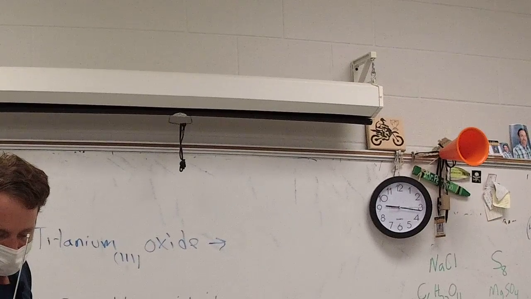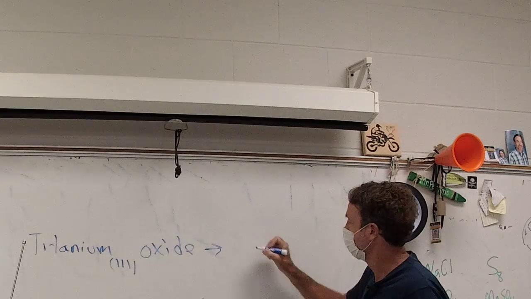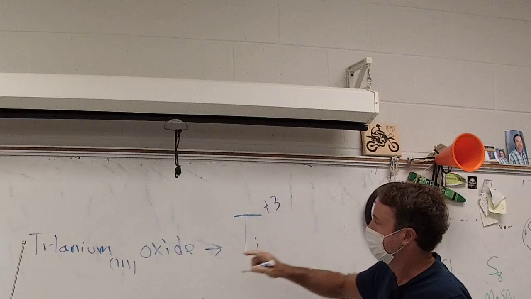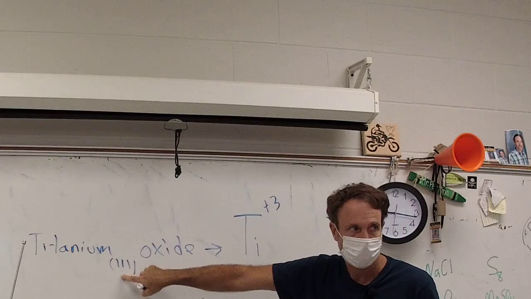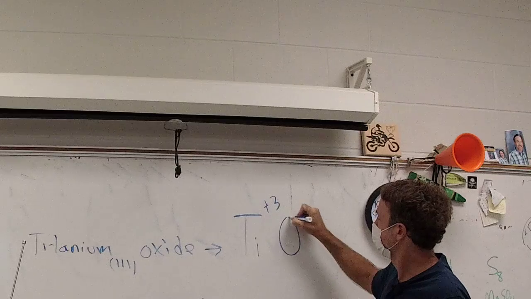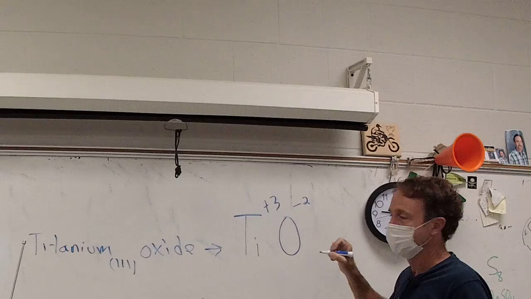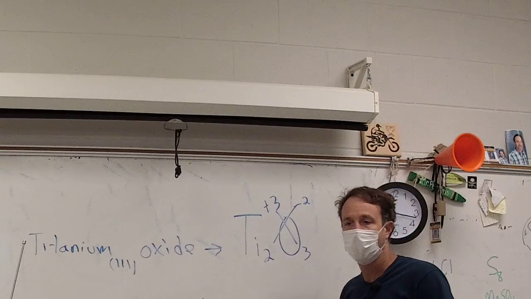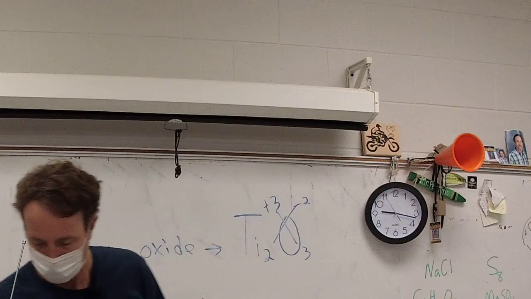Titanium(III) oxide, that means we would say titanium, and we would write +3, because that's what the 3 stands for. The Roman numeral is the charge, right? Oxygen. We know the oxygen was -2. What do we do with these numbers, Sam? Cross them down. Put the 2 there, put the 3 there. Ti2O3. Good job. Let's try the other one.